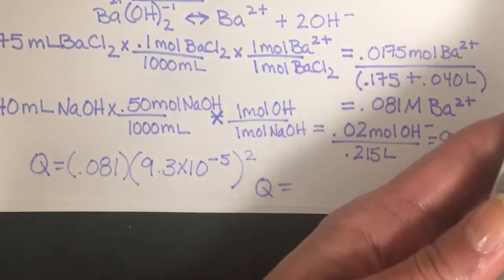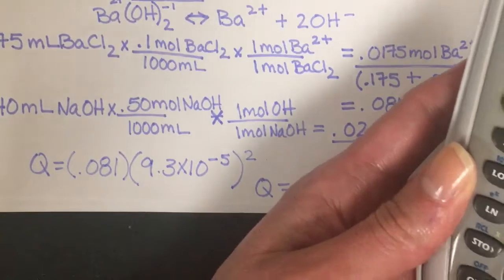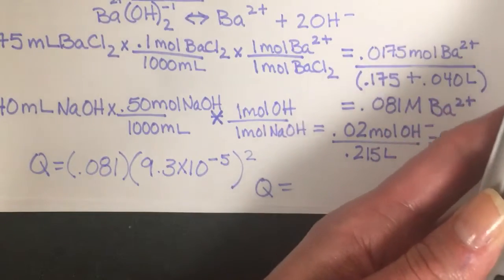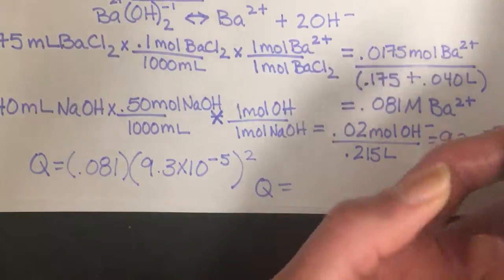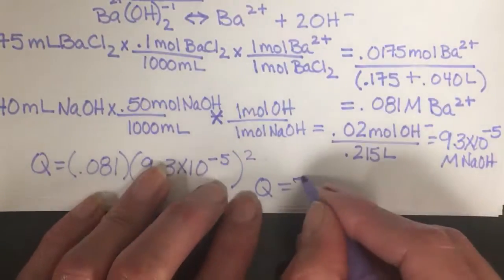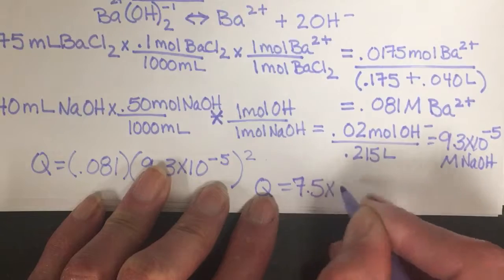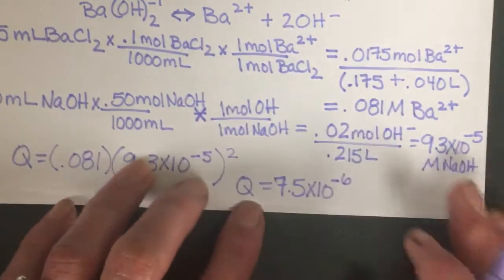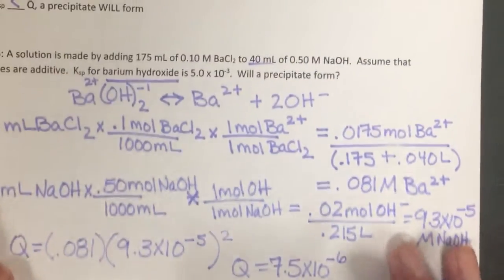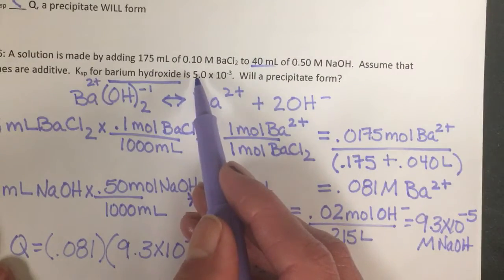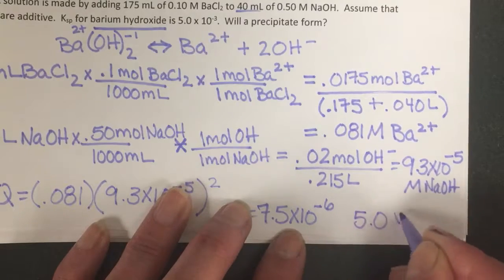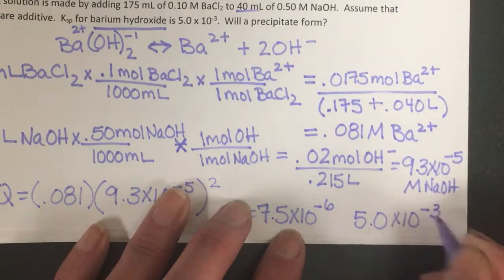Sorry, I screwed this one up, so give me a second. 0.081 times 9.3 times 10 to the negative fifth. So I get 7.5 times 10 to the negative sixth. I was told my KSP is 5.0 times 10 to the negative third.